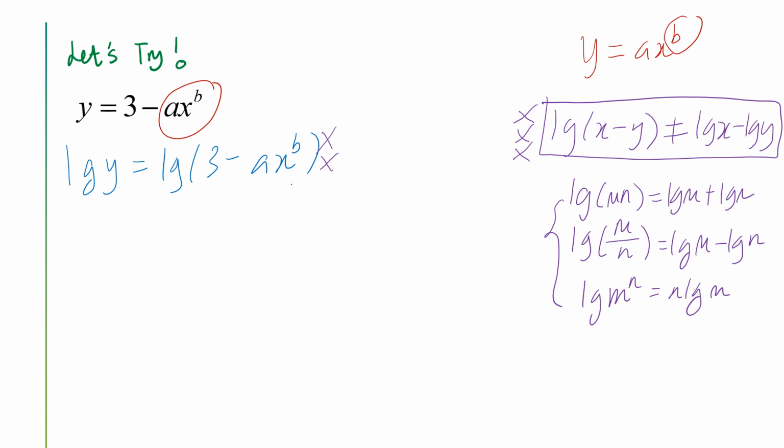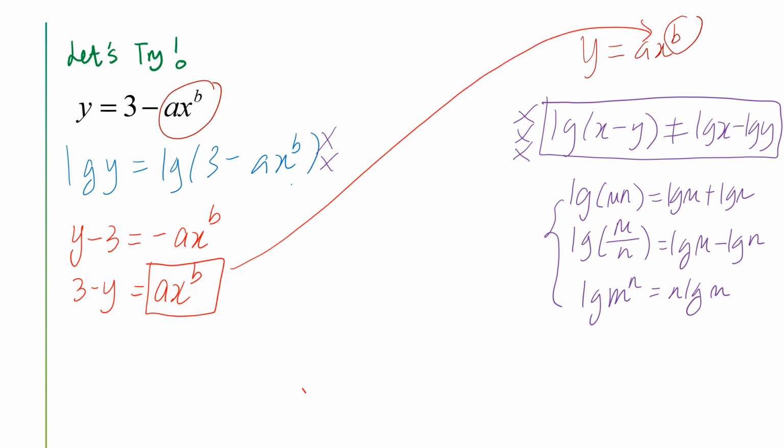Right. So what we'll be doing is, I'm just going to bring the 3 to the other side. Then multiply by negative throughout. Right. So in this case here, this one here will be something like what we have observed earlier on in the earlier slide. Here, then I can go ahead and bring log or natural log or common log to both sides. So this question is a bit tricky.